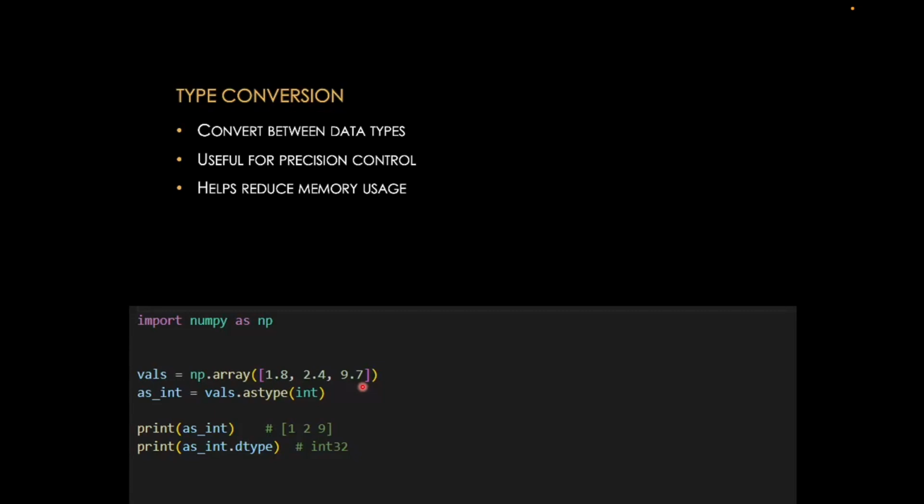As per our use case, we only need integer. So we can write vals.astype int. It will create an array with int data type. If we want to print the values, we can see it is 1, 2 and 9, all floating points gone. And if we print the data type of the int array, it is int32.